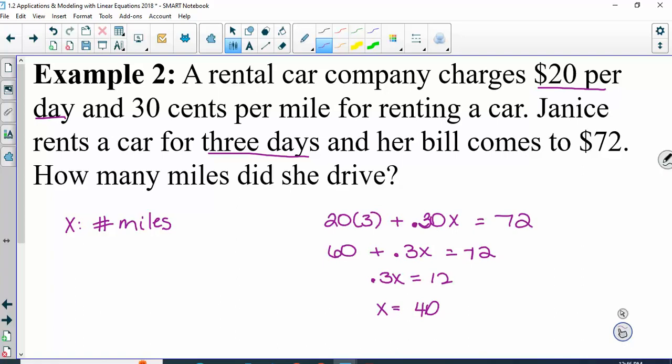Did you guys get 40? So then we just write our sentence. We wanted to know how many miles, but x was the number of miles.